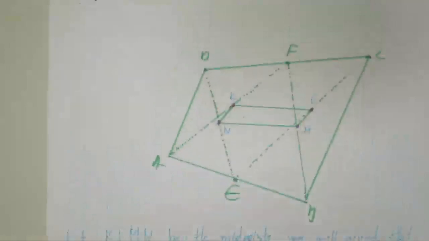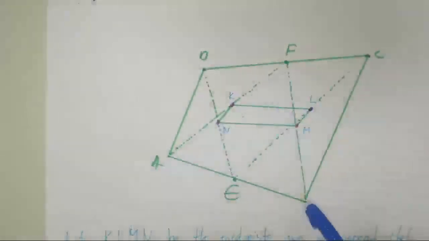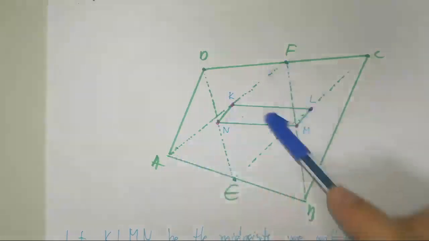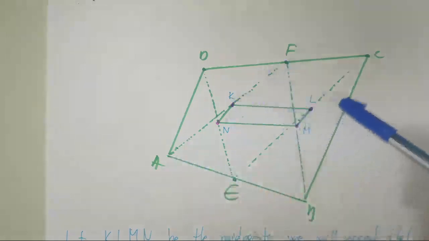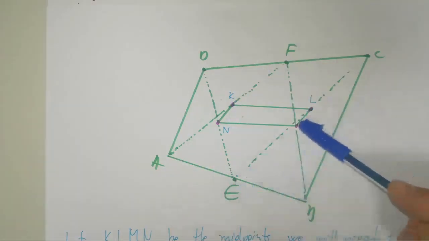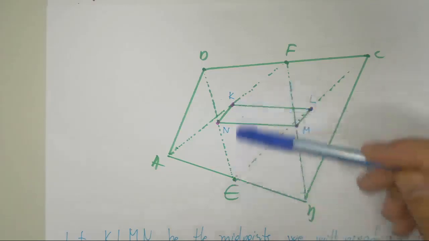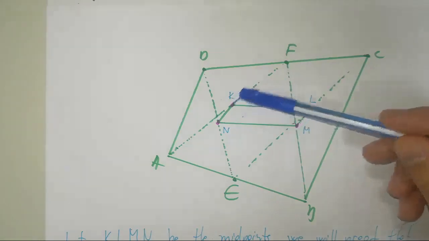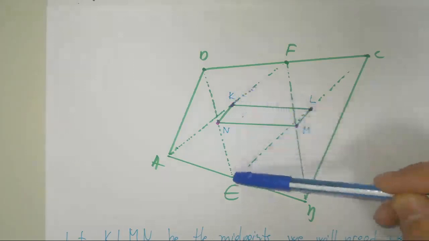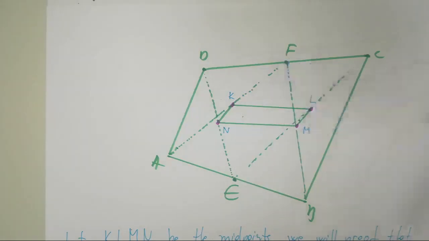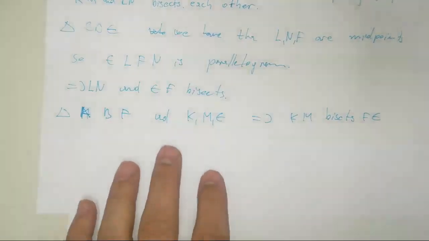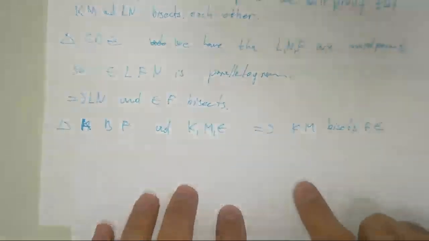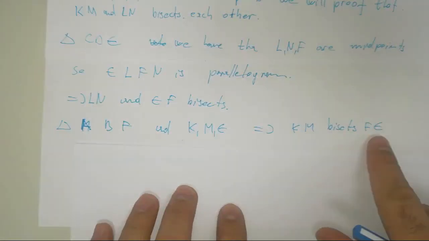The midpoints are K, E, and M. It means the quadrilateral EKFM is a parallelogram. So what does that mean? That means that the diagonal KM bisects EF. So KM bisects EF.